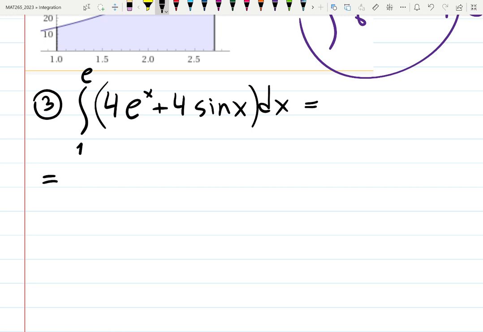To find the antiderivative, you answer the question: what gave me 4 e to the x when you differentiated it? It was 4 e to the x, right? Plus c.